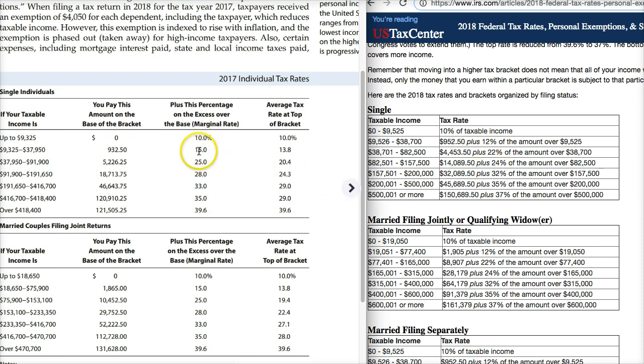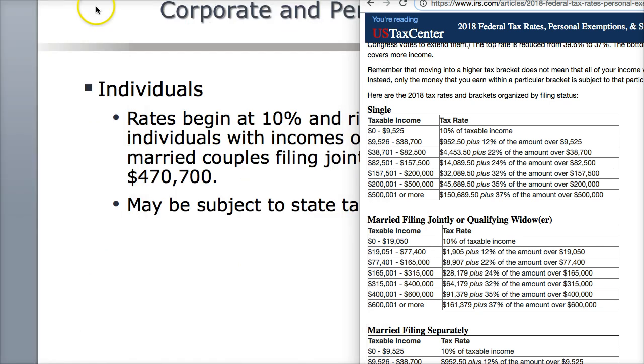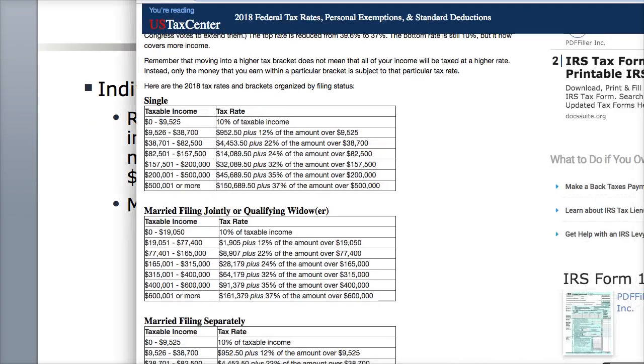So instead of going 10, 15, 25, 28, 33, 35, we go 10, 12, 22, 24, 32, 35, 37. So the top tax rate has been lowered from 39.6 to 37. You can see that there's a difference between 2017 and 2018 individual tax rates.